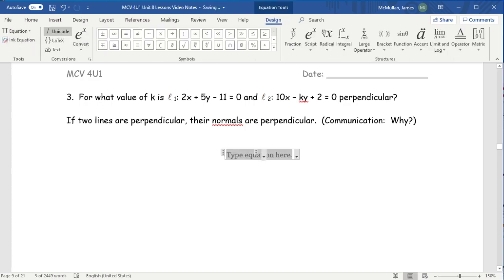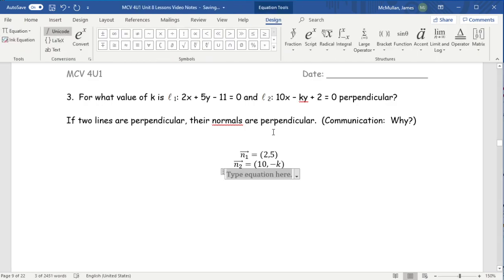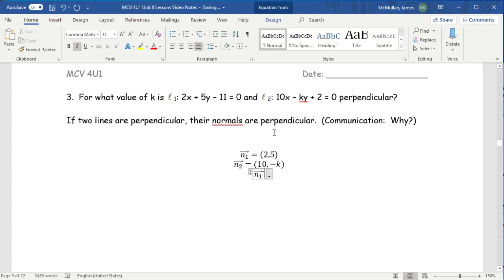So let's make n1, the normal to the first line, (2, 5). The normal to the second line is (10, -k), right? So what we know is that n1 vec dot, why is it up there in the superscript?